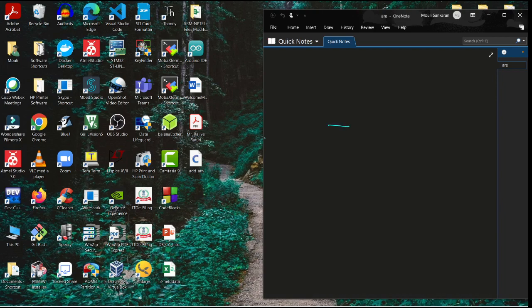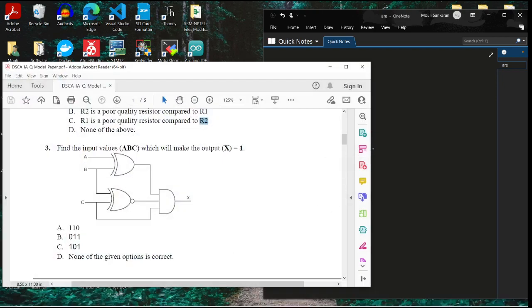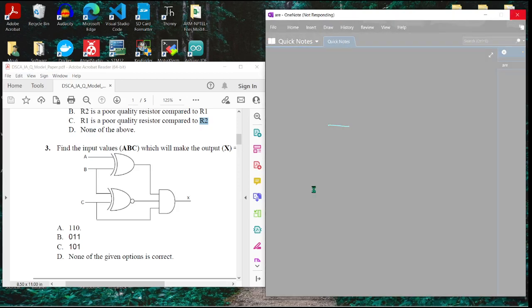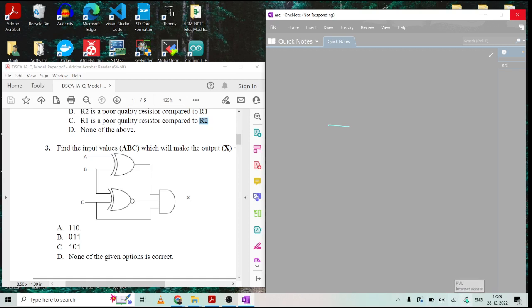So some circuit, right? Whatever is given, let me show that circuit. Whatever the circuit given, you have to backtrack it. Now, OneNote is giving me an issue. Sorry, guys.